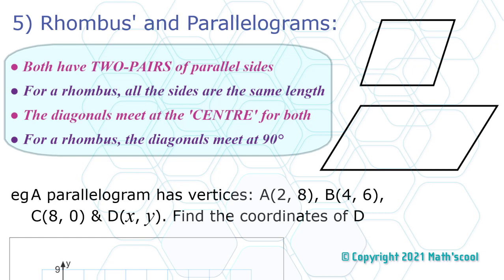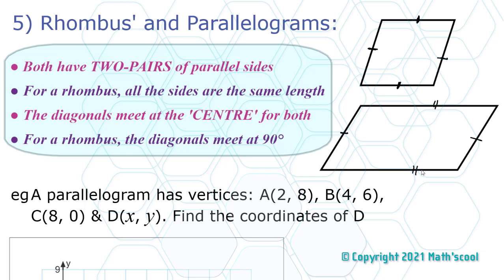Rhombuses and parallelograms, they both have parallel sides, but for a rhombus all the lengths are the same. So a rhombus is really like a square, except it's a topsy-turvy square. It's a square that somebody's kicked and they've bent it. Whereas a parallelogram is a rectangle that somebody's kicked and bent. The lengths are not all the same as each other.